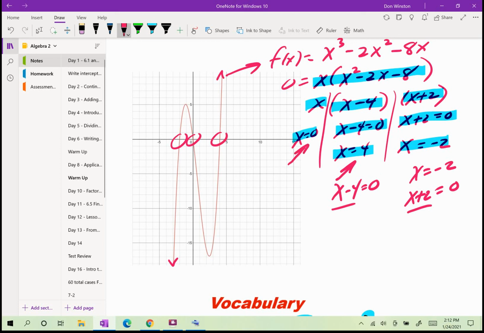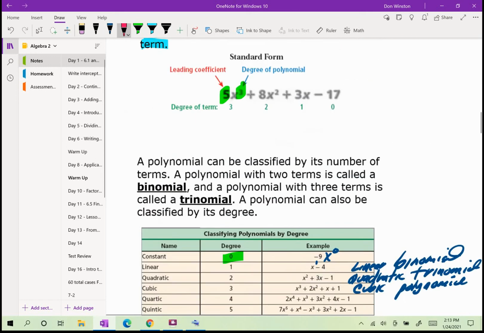And if my zero here was 0, then my factor was x. So my factors would have been x minus 4 and x plus 2, and you can see that's what I got when I factored that. That's what we call the factored form of a standard form polynomial, or the intercept form.